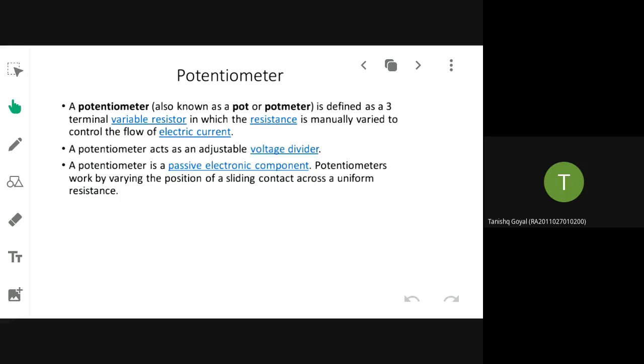In today's class, we are discussing what type of transducer: capacitive, inductive or resistive? Resistive, ma'am. So this is a resistive transducer and it is a passive transducer.